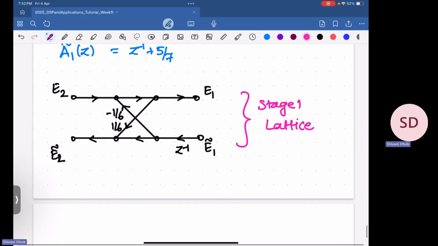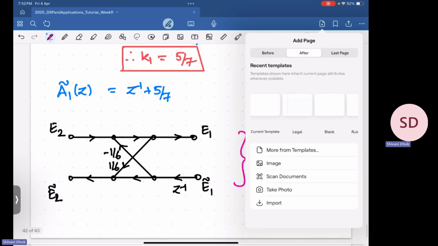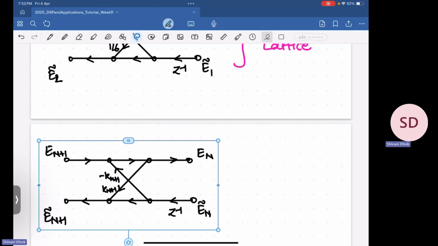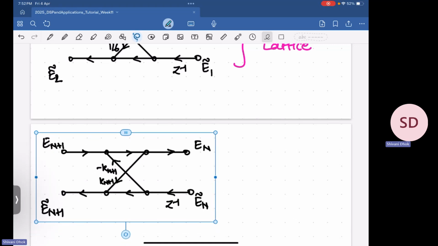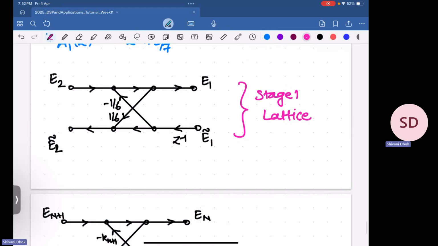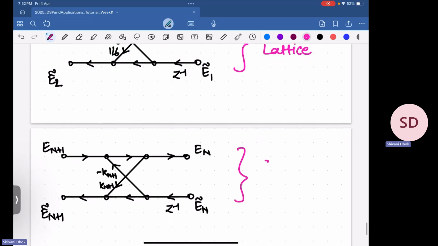Now let us construct stage 2. Sorry, this is my stage 2 lattice actually, to be precise. Now I'll construct my stage 1 lattice.